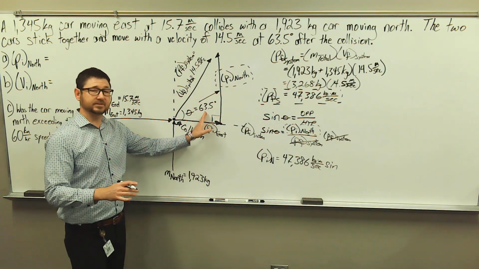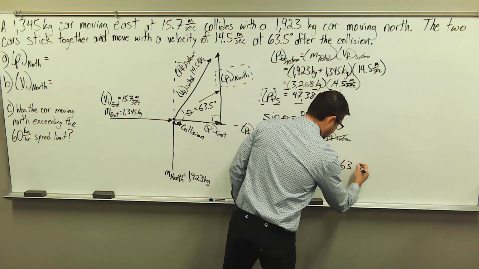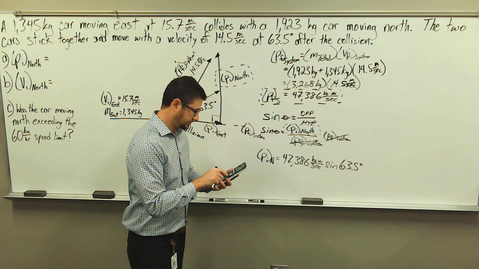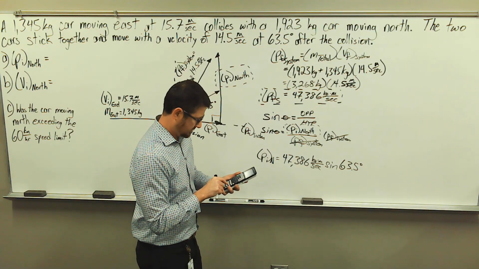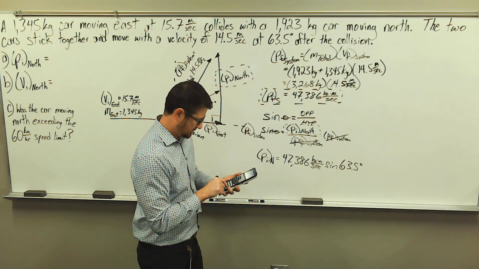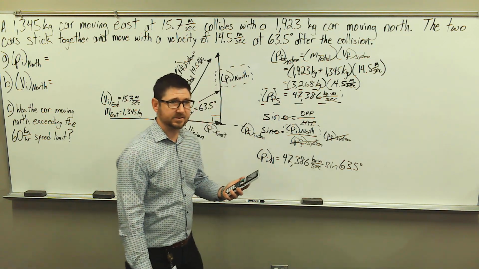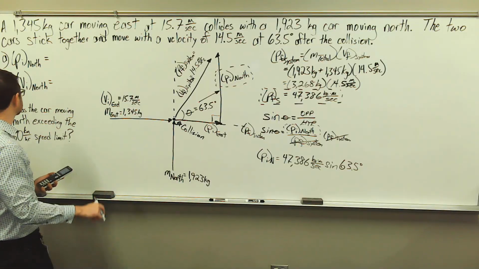Angle theta is given to us, 63.5 degrees. Okay, so let's grab our calculator here. And that will give us 42,407.359 kilogram meters per second.